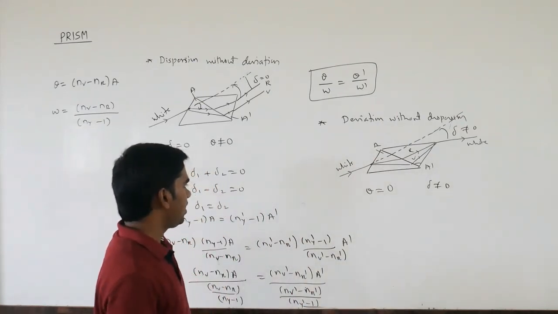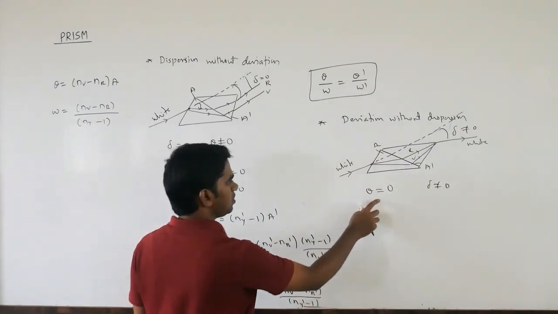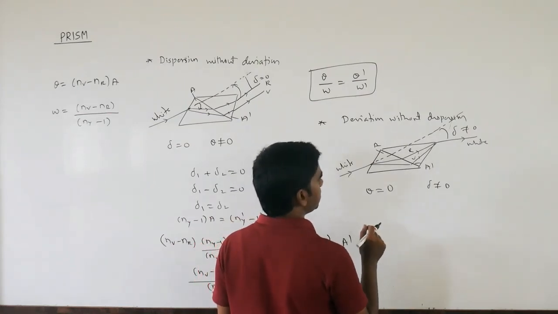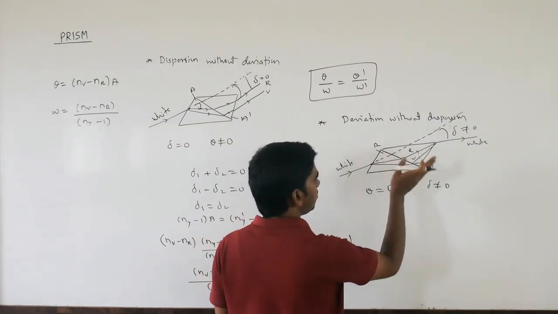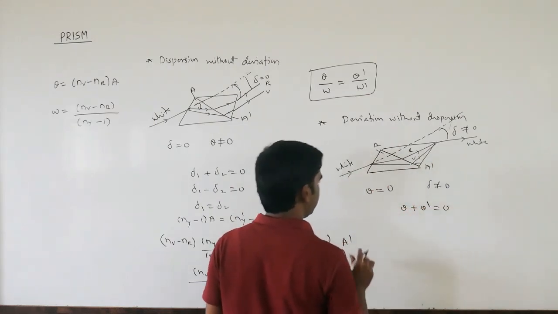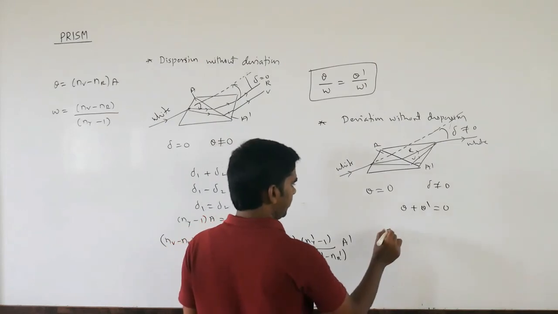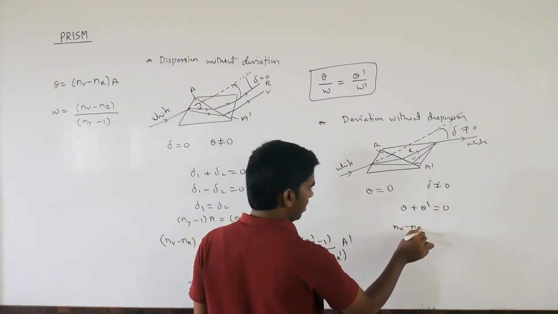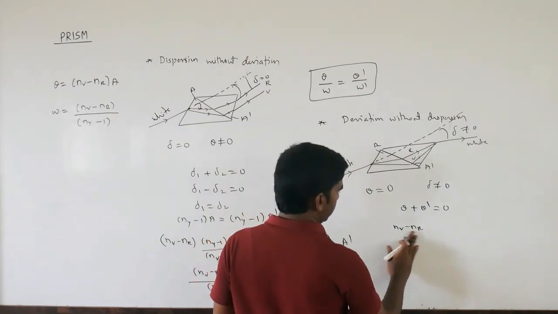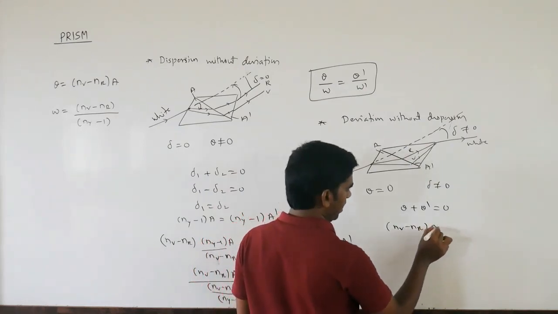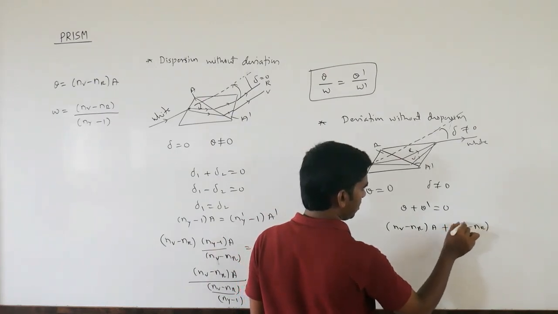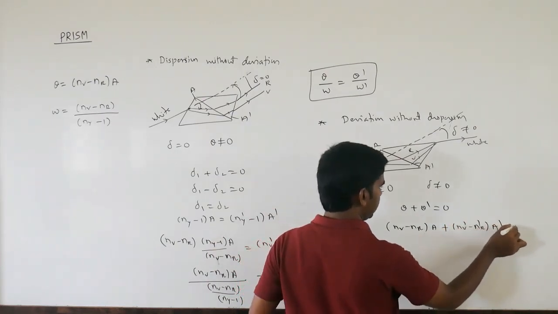Here is how we can derive the condition. Theta equal to 0 means total dispersion, both in the clockwise direction, so theta plus theta dash equals 0. What is theta? Theta is NV minus NR into A plus NV dash minus NR dash into A dash equals 0.